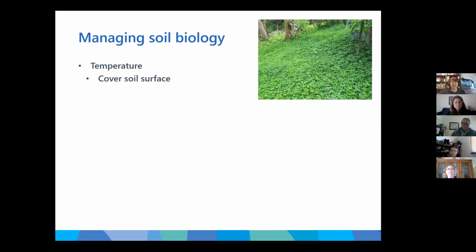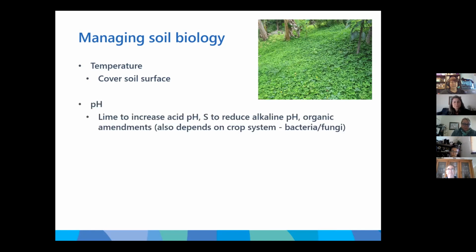So temperature, you can't really do too much about the temperature except for what you've got on the soil surface. So if it's really hot and dry, you want to protect the soil surface, you might be able to have a cover crop or a trash blanket, or if it's too cold, that's another issue about temperature. pH, so if it's very acid and you want to increase that, you can use lime, or if it's very alkaline, sulfur.